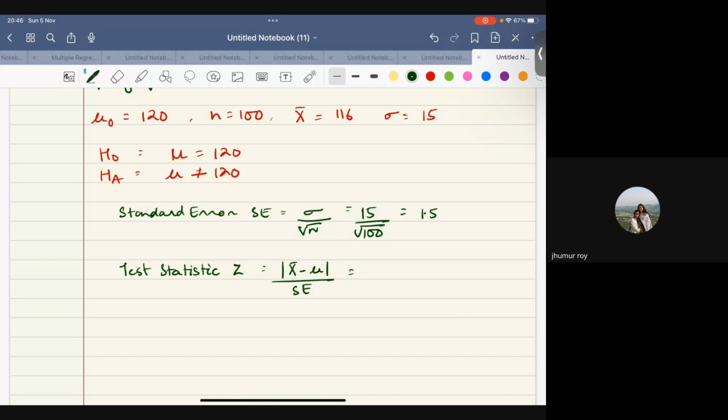So this will be 116 minus 120 divided by 1.5. So four divided by 1.5. What is the value you're getting?